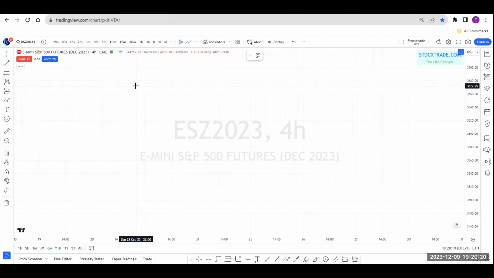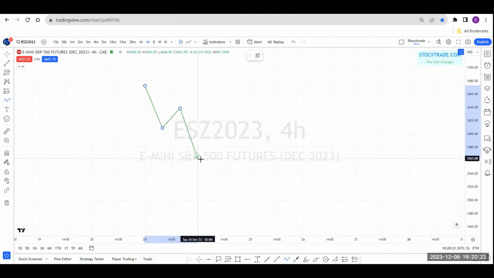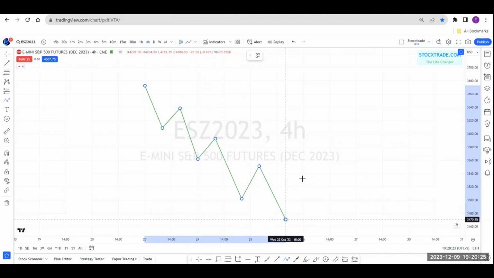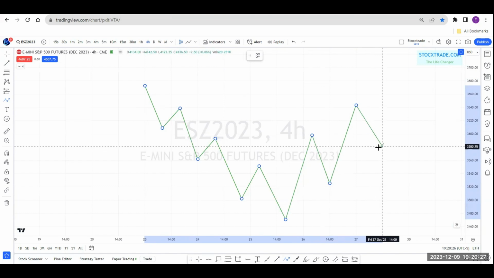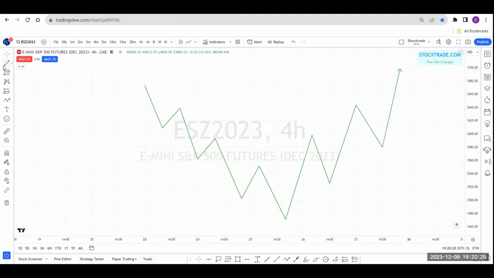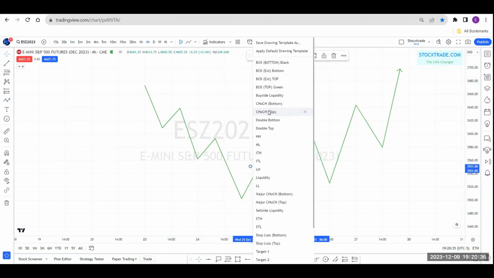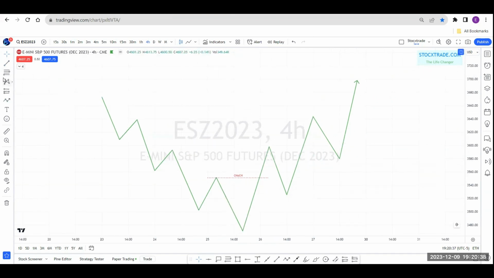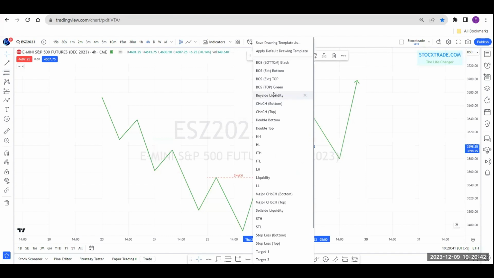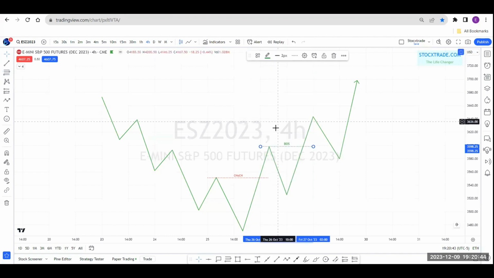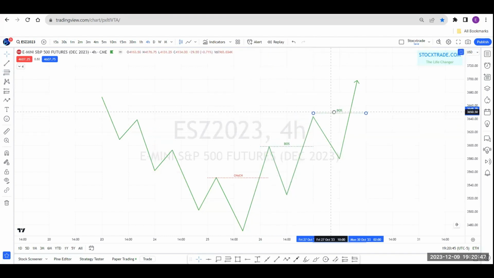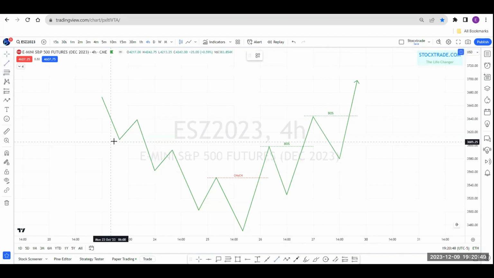Your change of character is the first point where you get the sign that the market wants to reverse. And break of structure is in the same direction. This is your bullish side break of structure, and here you have the bearish side break of structure.